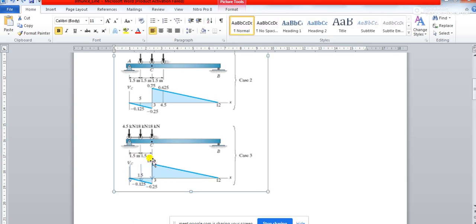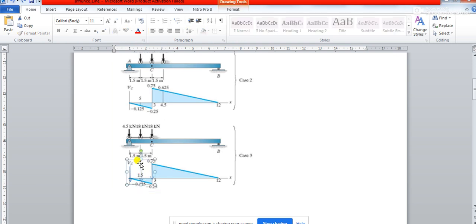Okay, and at the end, the last load, the end load, when this load is dropping and then moving, observe how it is happening. Once this load is coming over here and then moving, there will be a drop and then there will be a move.